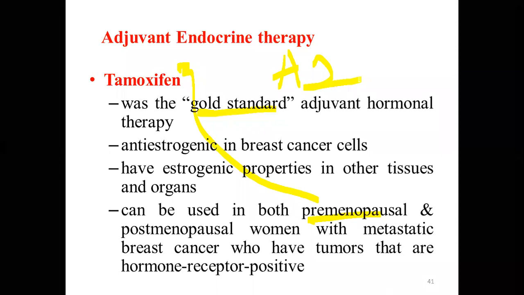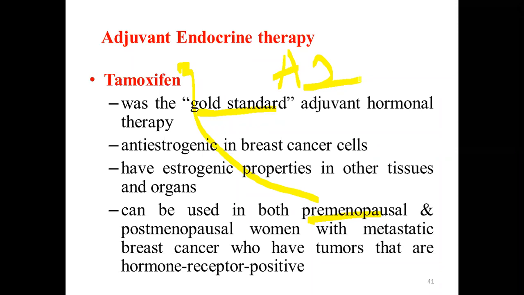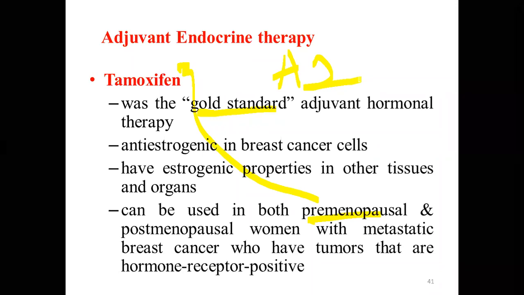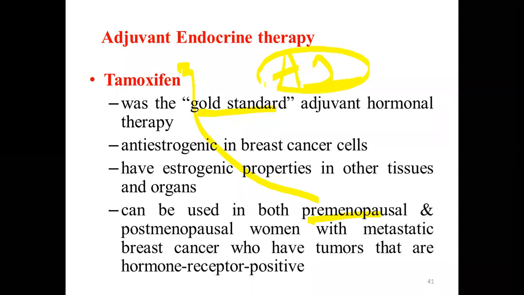By the way, there was a comparative study between aromatase enzyme inhibitor and tamoxifen in the postmenopausal woman. According to that study, there was no difference in survival outcome. But in terms of time to progression of the disease, it is a bit longer than with tamoxifen when you use it in the postmenopausal woman.